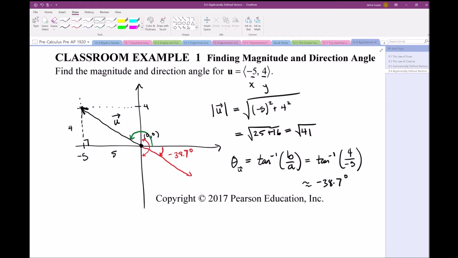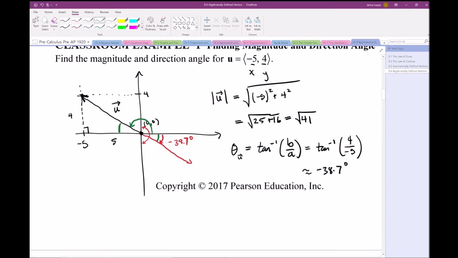The nice thing is I have this negative 38.7, which gives me the measurement of that angle here. So it's actually telling me what the size of this angle is, but negative. So the one that I have drawn in the second quadrant is positive. So this one here should be 38.7 degrees, because of symmetry, those are vertical angles.